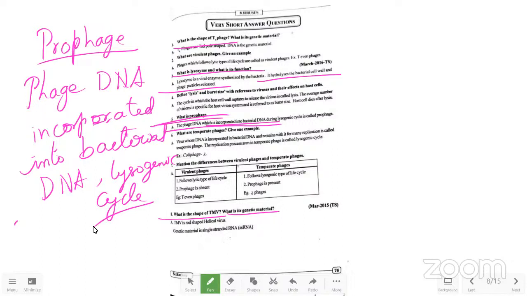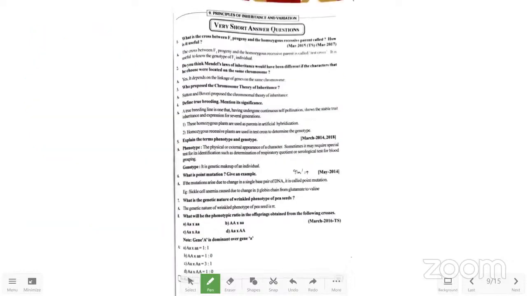Okay. Next comes the principles of inheritance, 9th chapter. So in this, what do we have to learn? The very first question: what is the cross between the F1 progeny and the homozygous recessive parent?